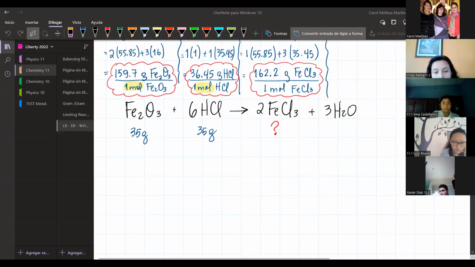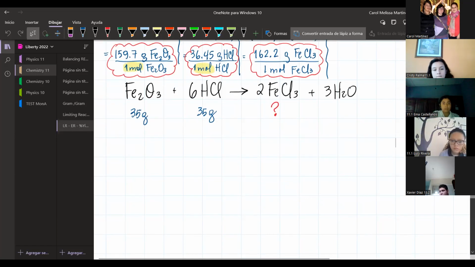Now, what do we do? We're going to work only with the reactants, okay? Because we need to identify what's going to be the theoretical yield. So we're going to work with the reactants, iron 3 oxide and hydrochloric acid, okay? So let's see.